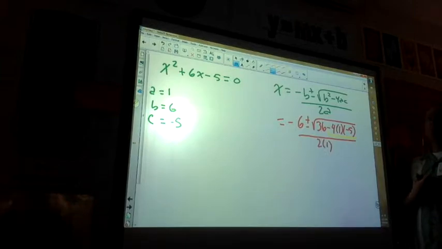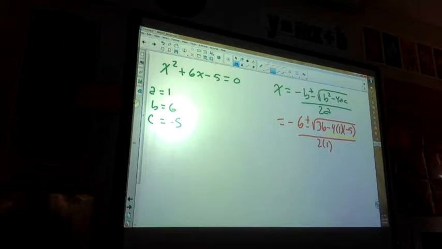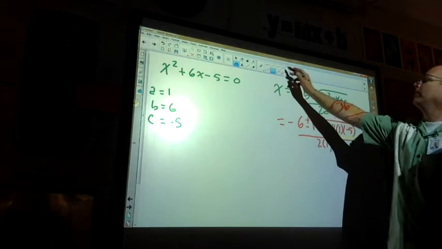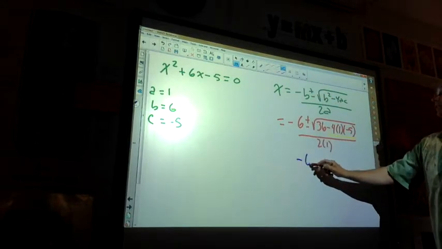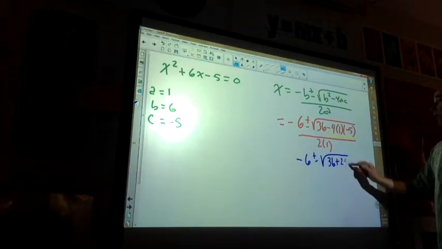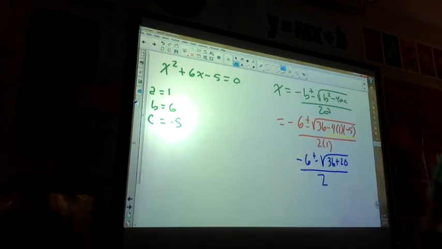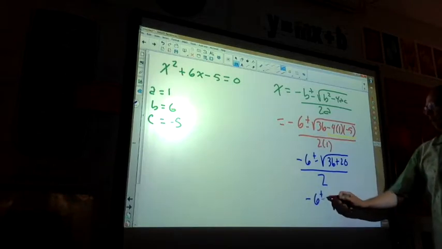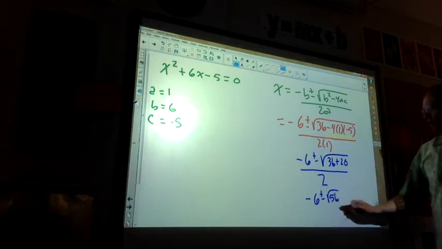Positive 20? Everyone okay there? Does everybody see where the positive 20 comes from? Yes. Okay. So, negative 6 plus or minus the square root of 36 plus 20, over 2. Negative 6 plus or minus square root 56 over 2.